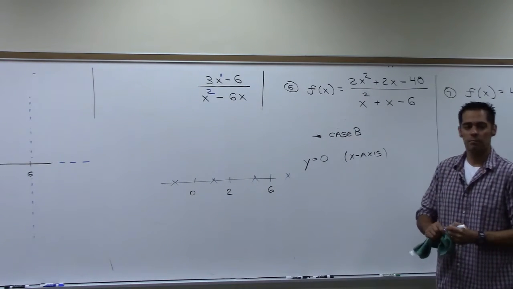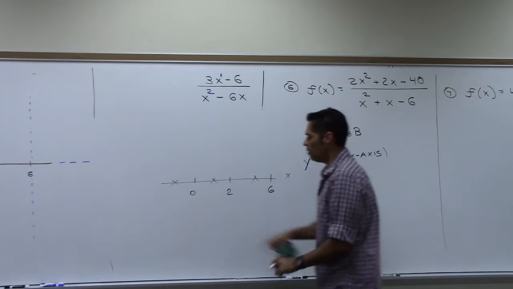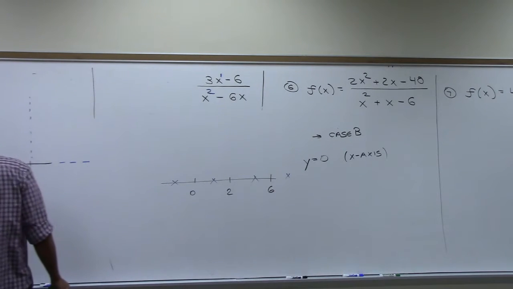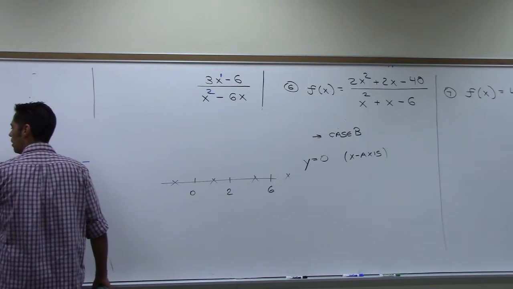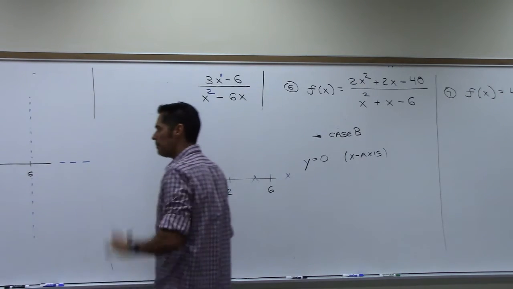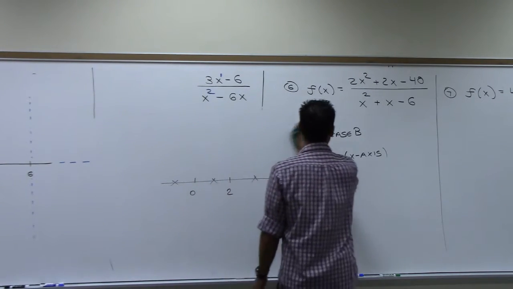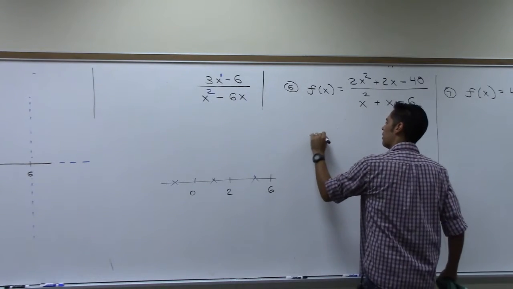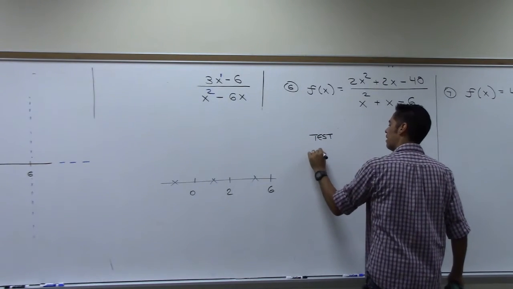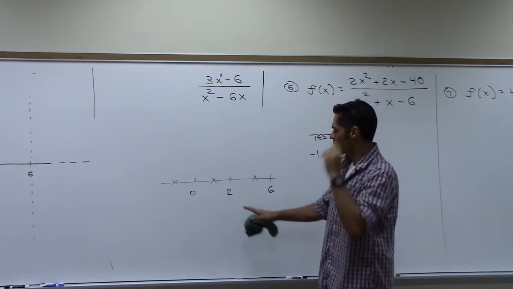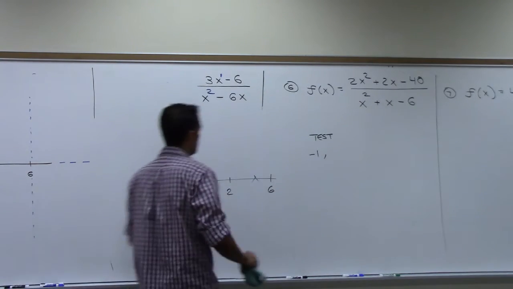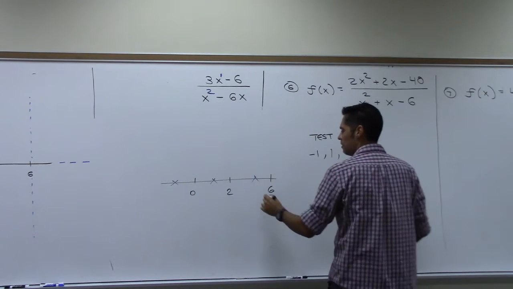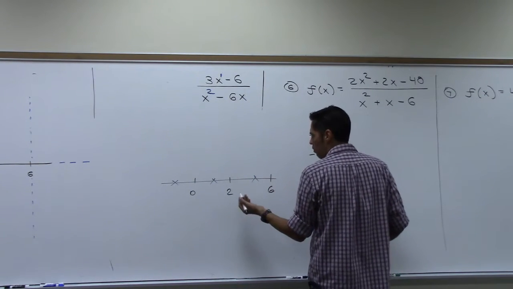Any number you want. So when I look to the left of 0, -1's the first thing that pops in my mind. I'm going to put it there. You can even mark it with a little x. I just told you don't put a dot, right? So -1 I'm going to test. I'm going to write down what I'm going to test here. Test -1. What else am I going to test? 1. What else? 3, 5, 4, right?